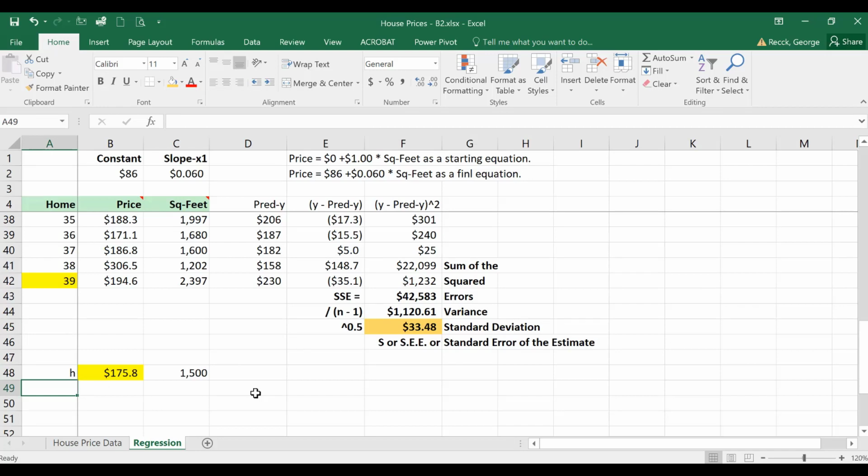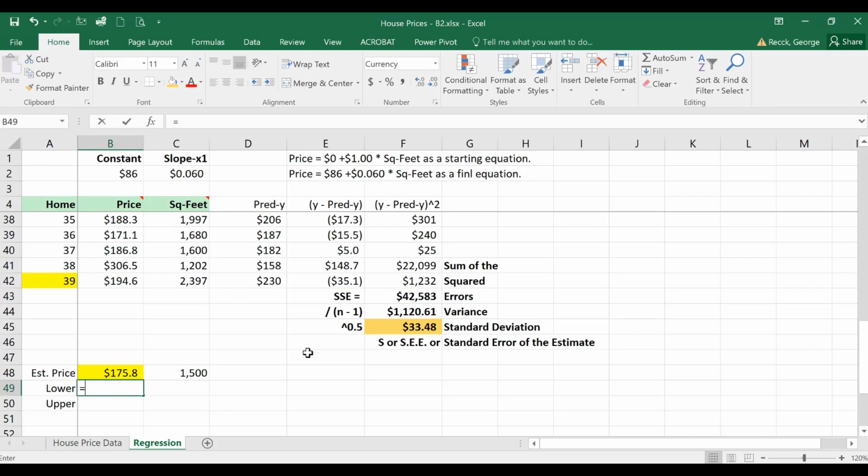So now I can calculate, maybe I'll rename this as estimated price, and I can get a lower limit and an upper limit in a very similar fashion to how we calculated a confidence interval.